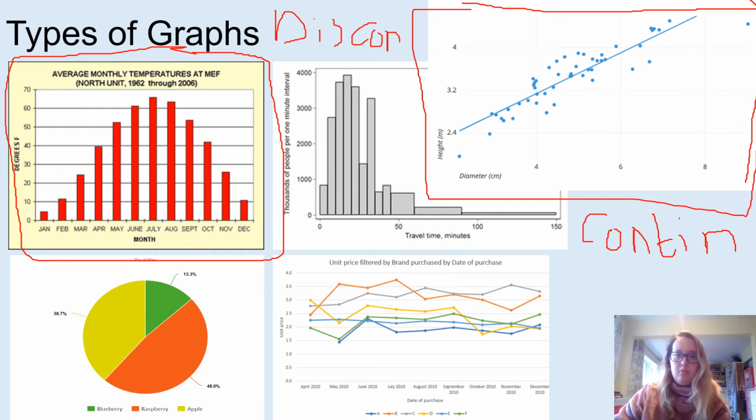Okay, so you've got discontinuous data and you've also got continuous data. Now, discontinuous data means that you can easily show it in a bar graph. So this one here, put a star on it.